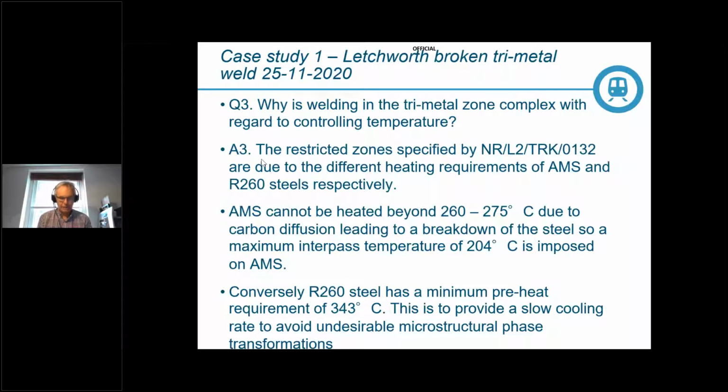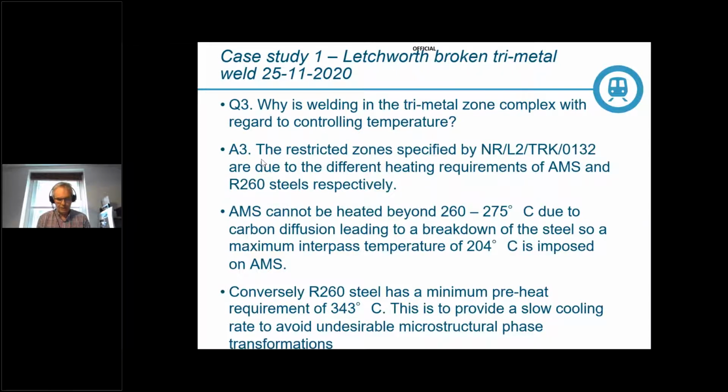AMS cannot be heated beyond 260 to 275 degrees C, as we've said, because you get carbon diffusion at these elevated temperatures, leading to a breakdown of the steel. So it no longer remains stable austenite. As a result, we have a restriction of a maximum interpass temperature of 204 degrees on the AMS side.